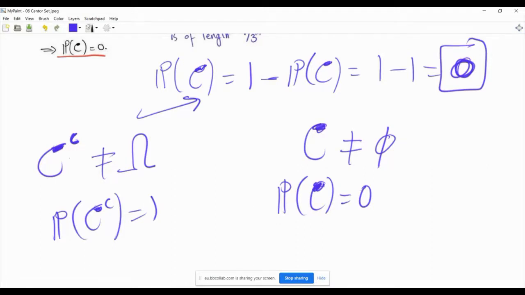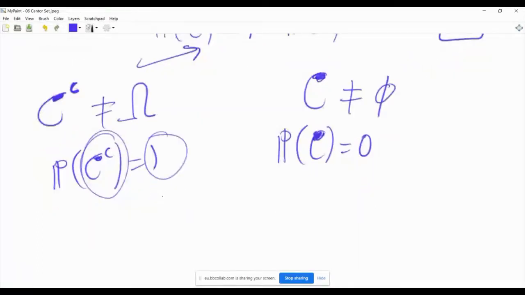Same story for 1. The fact that an event has probability 1 does not mean that this event is simply the sample space. It can be a proper subset of the sample space, and yet it has probability 1.